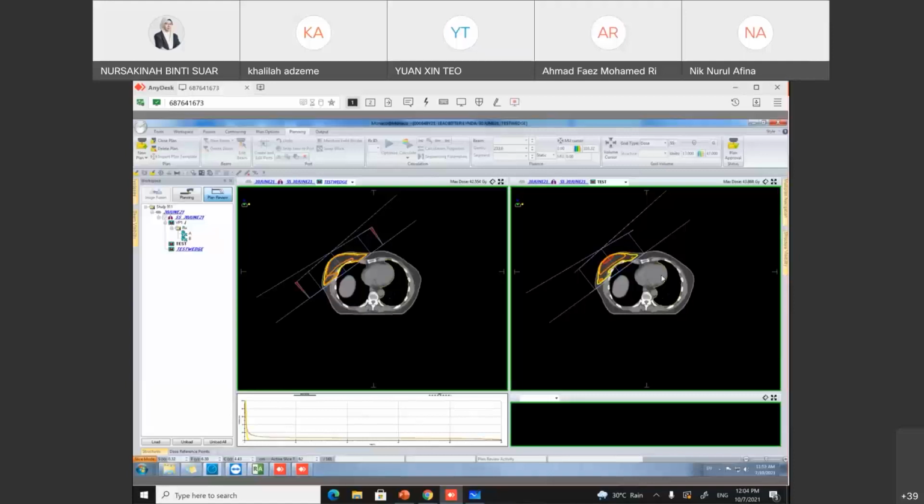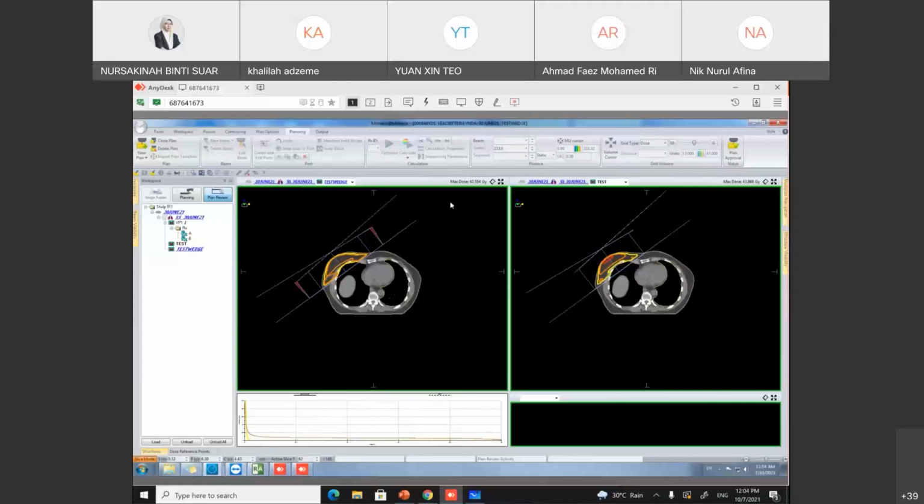Okay. So after I put in the wedge 30 degree, you can see obviously the red color dose here, the 107%, is now gone.